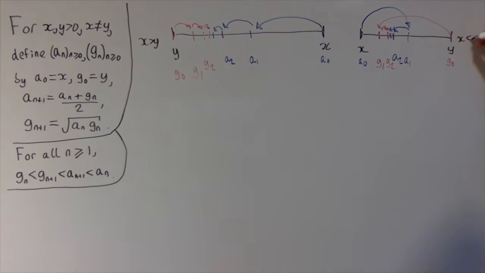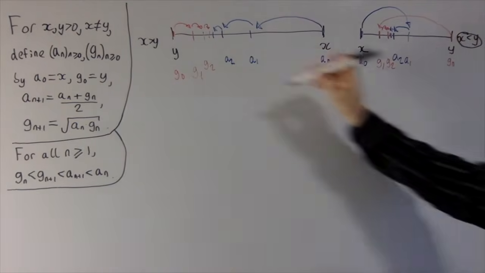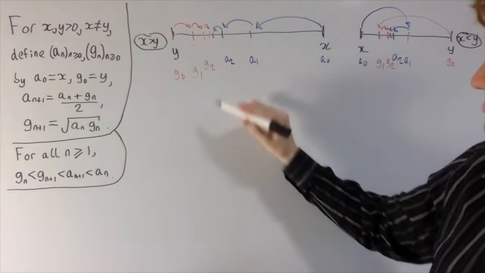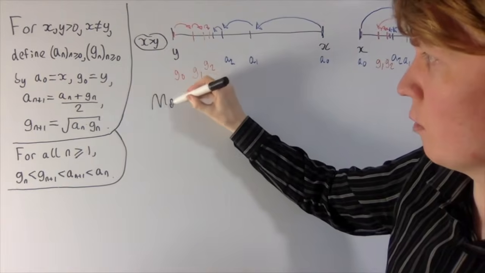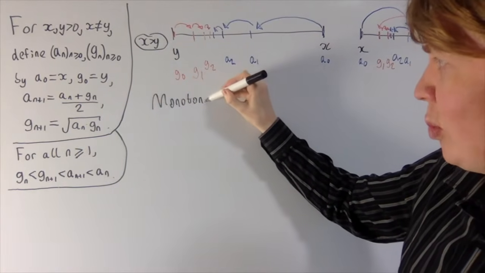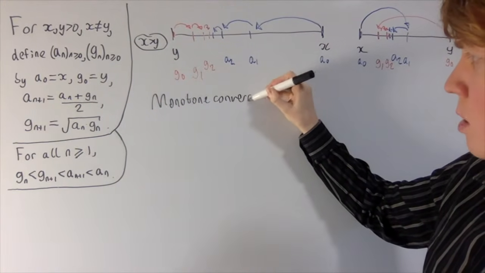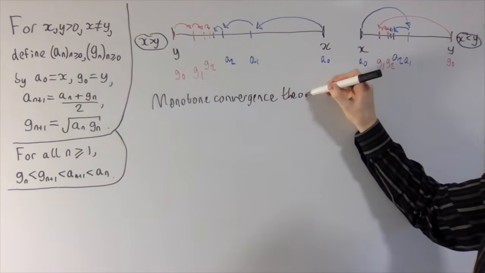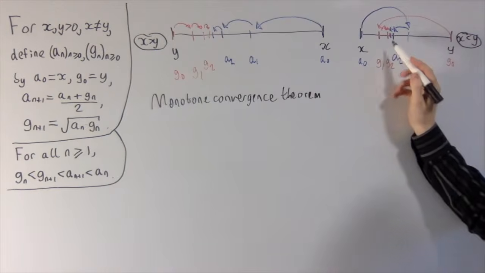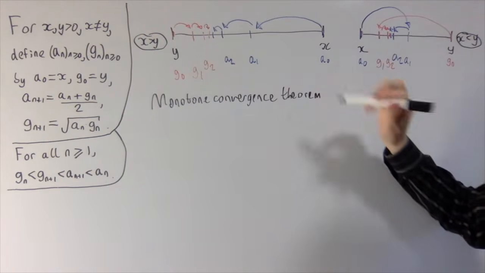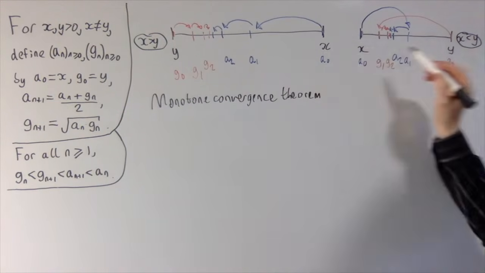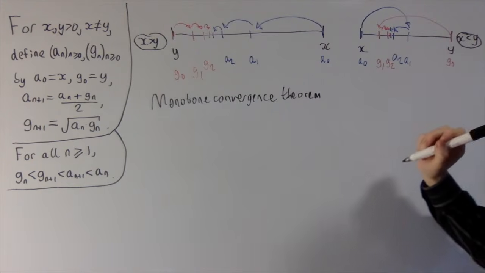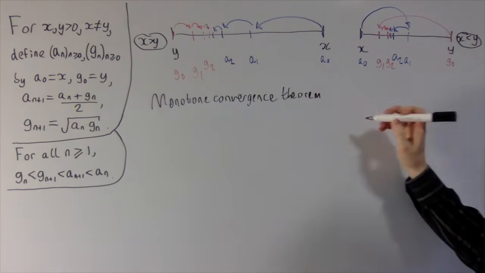So let's deal with the limits now at long last. And how we're going to deal with this is using the monotone convergence theorem. Because if you notice, G is a strictly increasing sequence, and it's bounded from above by either x or y, so bounded above by the maximum of x and y.